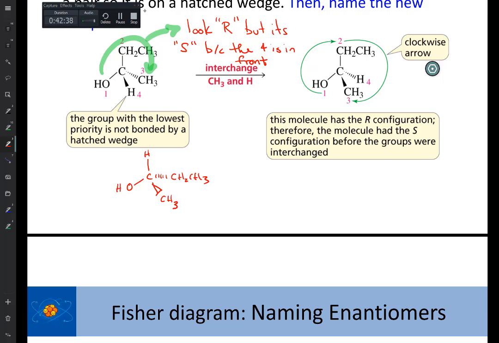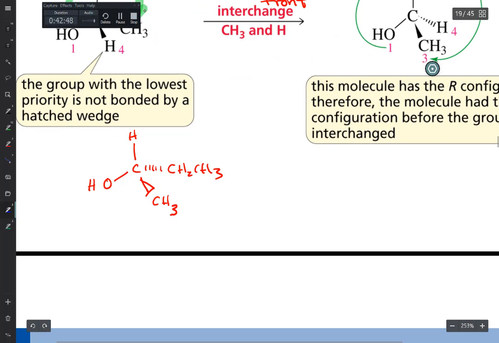And I want to do the assignment. So I have to assign priorities to it. You're still going to do that. So your priorities at the top, it's going to be 4 for hydrogen. This will be 1 for oxygen, this will be 2, and this will be 3. So now I have 1, 2, 3.